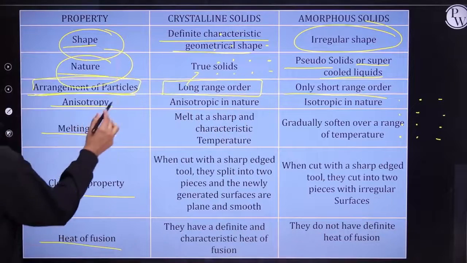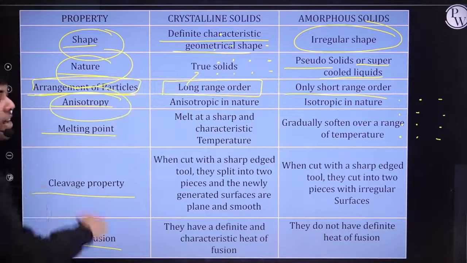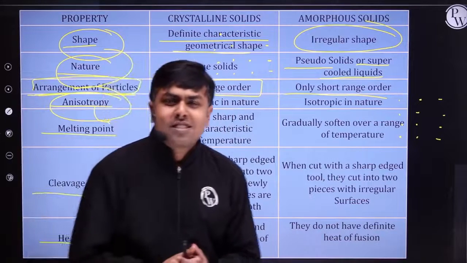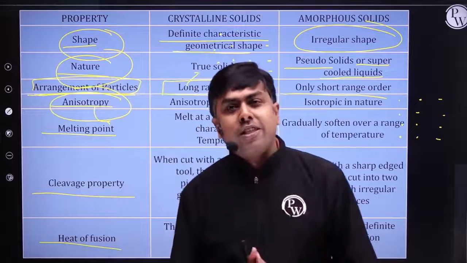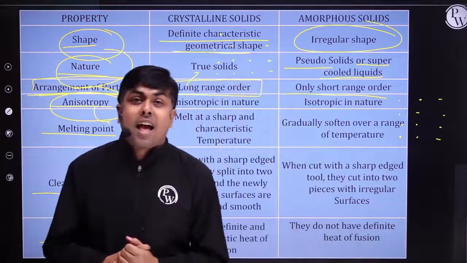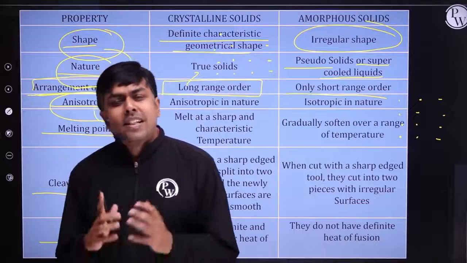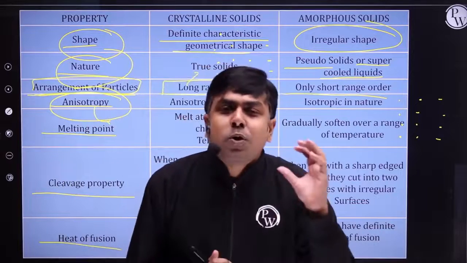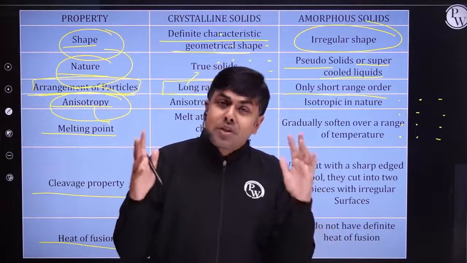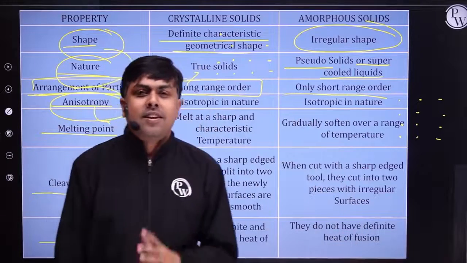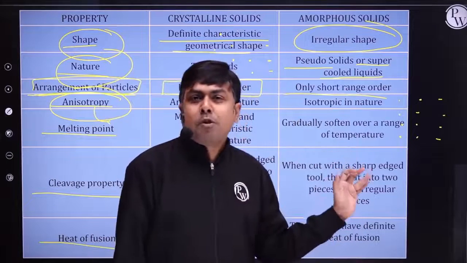Next one, anisotropy. This property is really important. Now let's discuss a very important terminology, and that is isotropy. Let's first define it. Isotropy: the properties which are the same in all directions. Iso means same, tropy means direction.